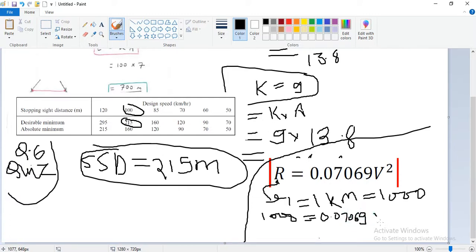1000 is equal to 0.07069 V square. The value of V will be 118.93.